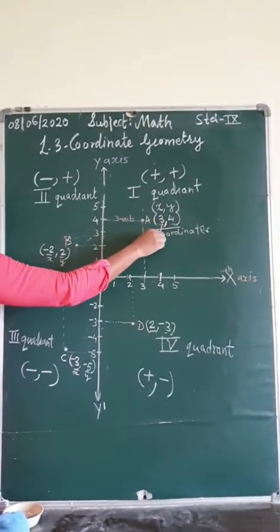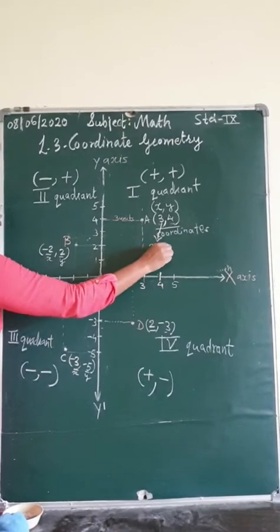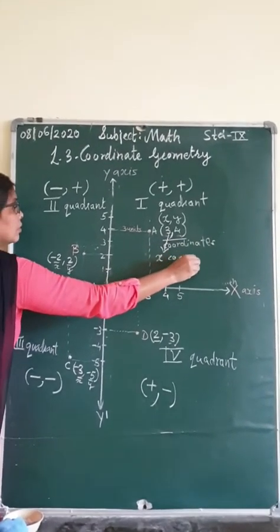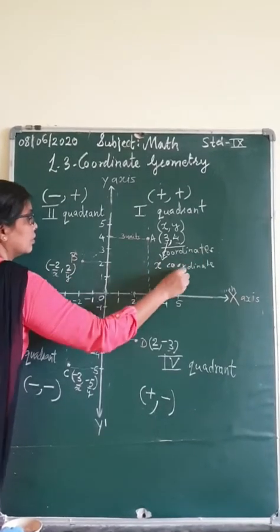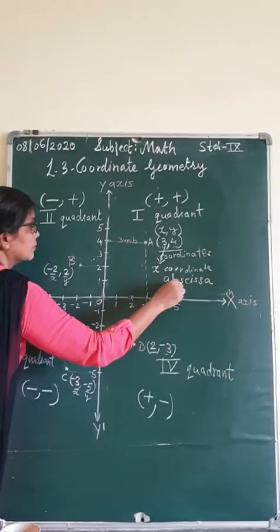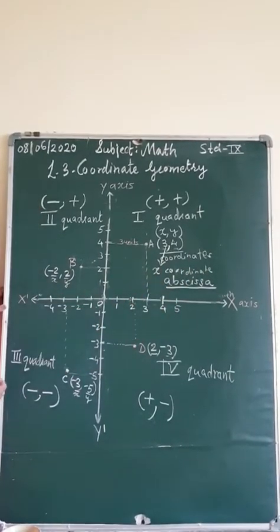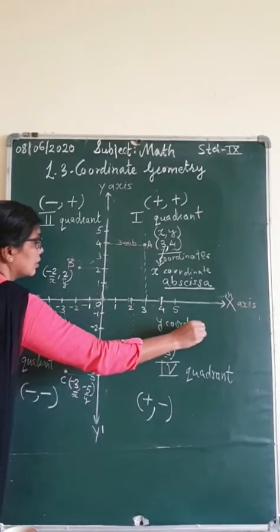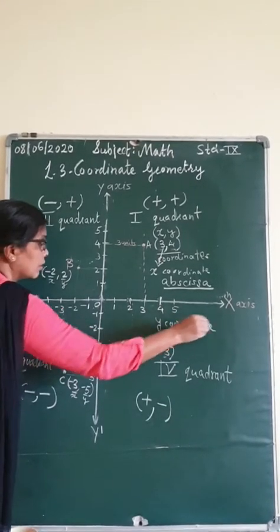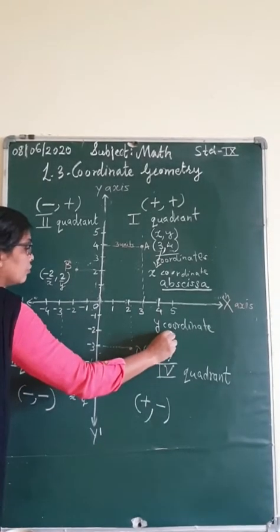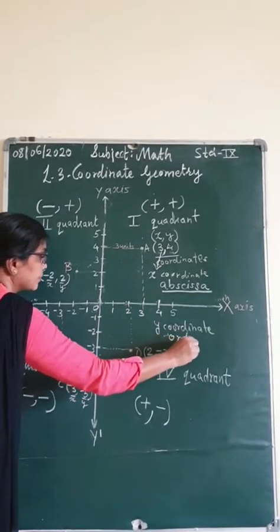The x coordinate is also known as abscissa. The y coordinate is known as ordinate.